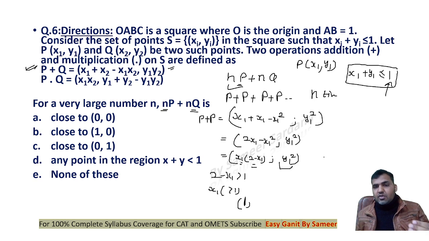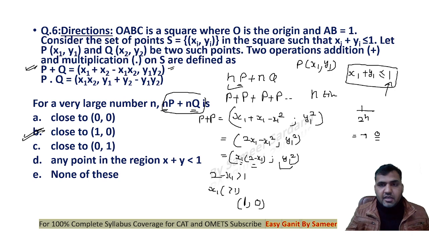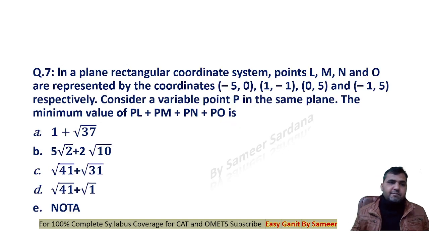But here you multiply y1 for n number of times, and a fraction which is less than 1, if you take that value to power n, will tend to 0 for very large n. So in this case, the ordinate will tend to 0. So in the case of np plus nq, the coordinates will tend to 1, 0. Therefore the answer to the question will be option B, guys. That would be the correct answer.